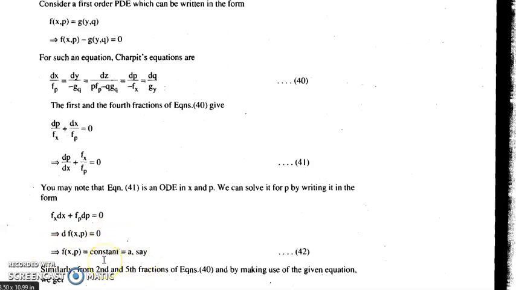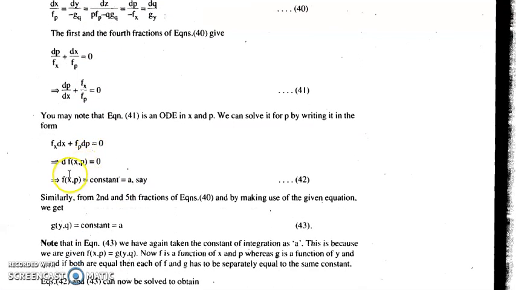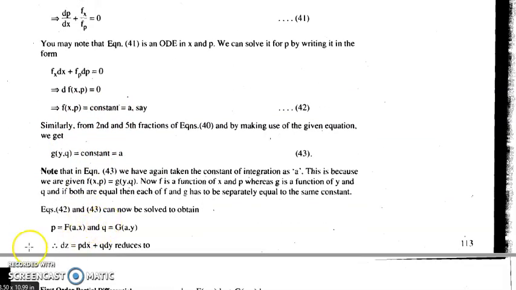Now, from the equation f of x, p is equal to g of y, q, if f of x, p equal to a, then g of y, q equal to a. So from the first equation you can solve for p, and from the second equation you can solve for q. So obtain p in terms of a and x, and q in terms of a and y.